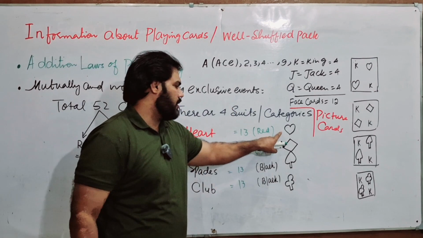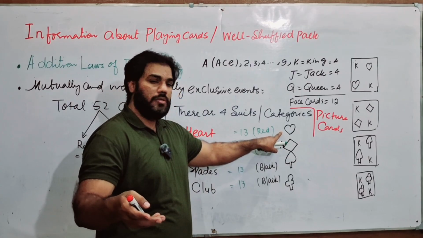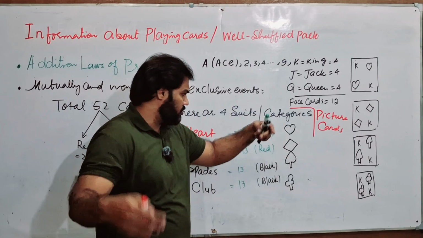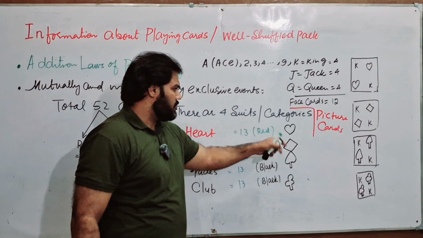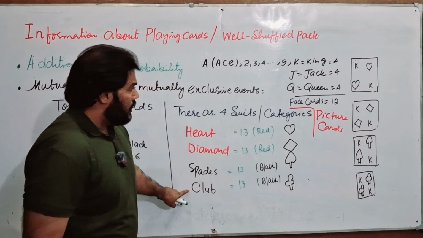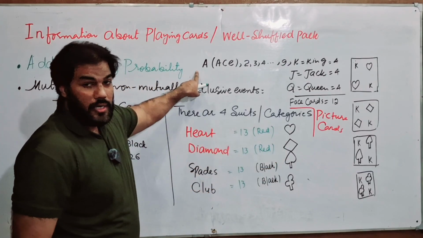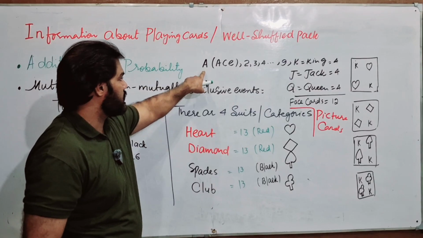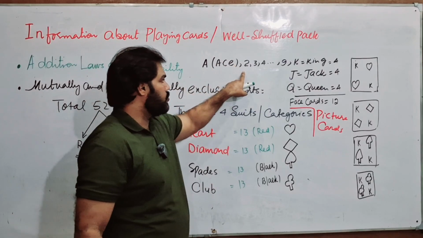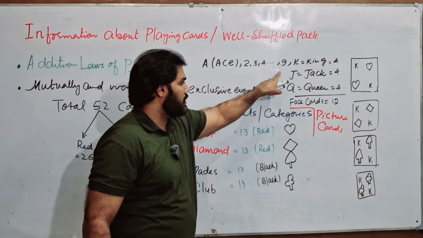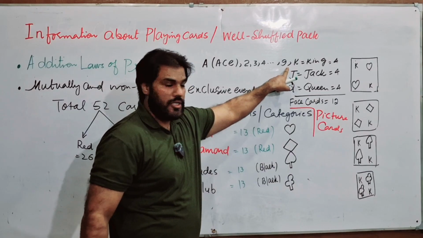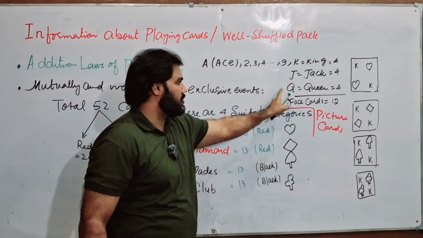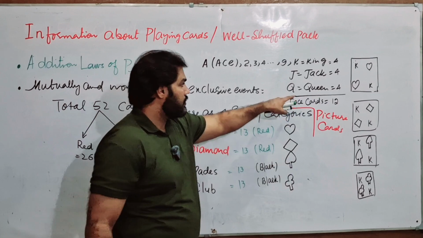Heart is denoted by this symbol, this image. Further, the card numbers in playing cards are: the first is A, second is 2, 3, 4, up to 9. Next letter is K. K stands for king, J stands for jack, Q is queen.